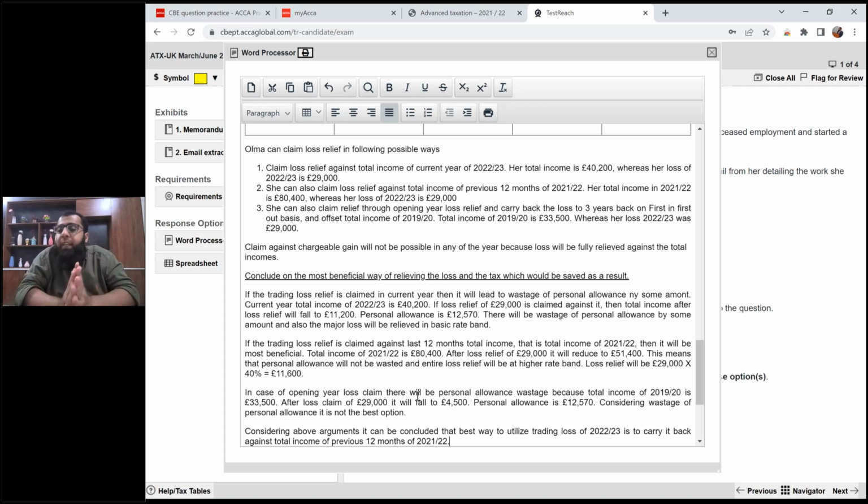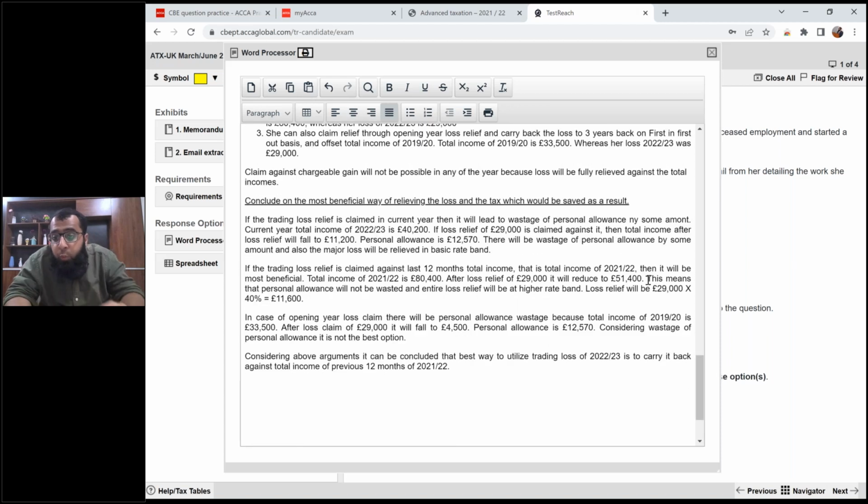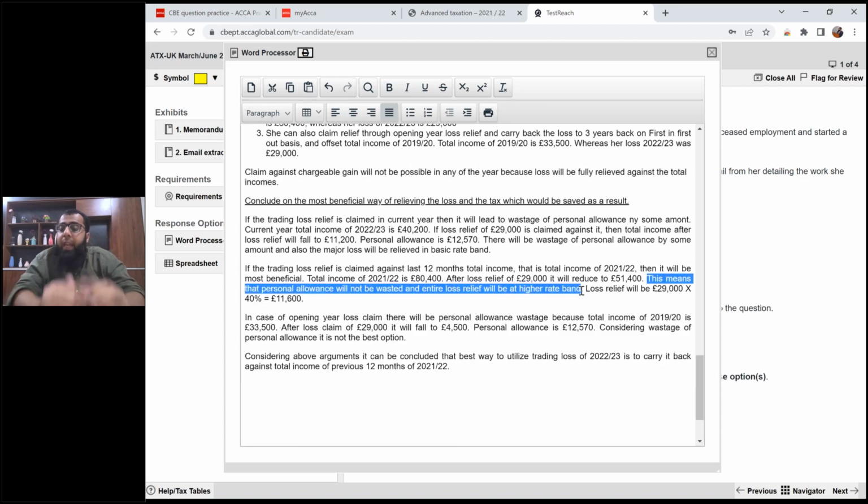Okay, the best way is carry back. Why is it the best way? Because in that case, there will be no wastage of personal allowance and relief is also on higher rate band.